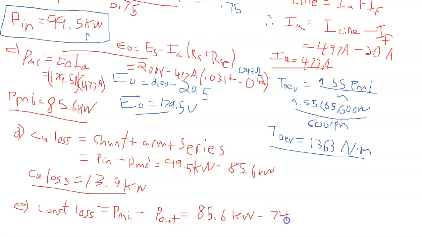We had 74,600 for that. So 74.6 kilowatts. And so that constant loss, if we do that calculation, 85.6 minus 74.6 is equal to 11 kilowatts.